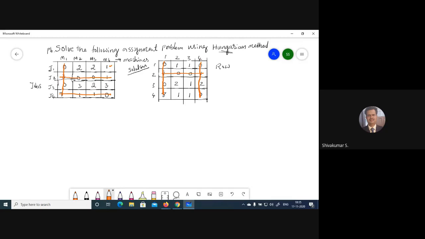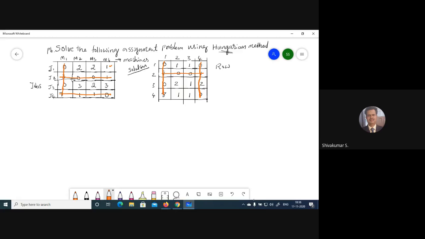Remember, very important, the number of lines I draw should be less than the number of rows and columns. Now you choose the minimum value, subtract it from the uncovered values, and add it to the intersection. The other values remain as they are.